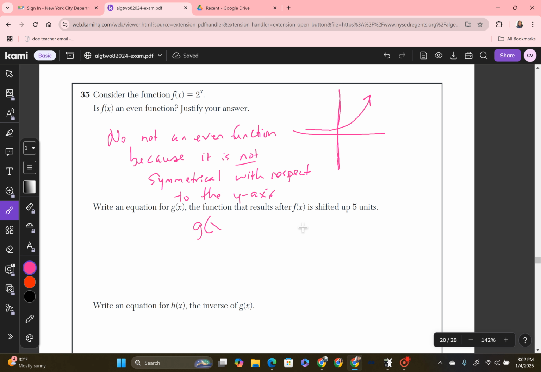So you could write g of x is equal to f of x plus 5. That's one answer. Okay, that is not as common as here's f of x, right? So g of x is equal to 2 to the x plus 5. It just says shifted up 5 units. So you're just adding 5 to it.